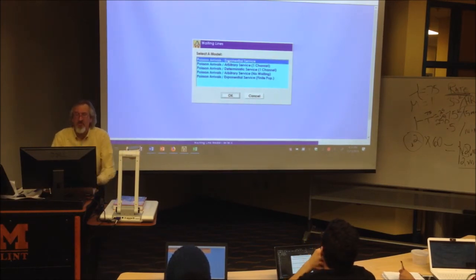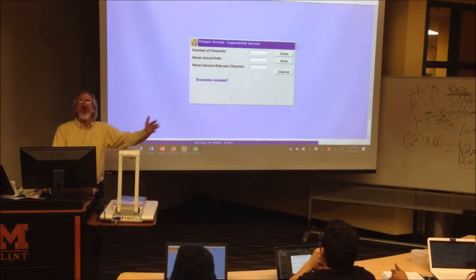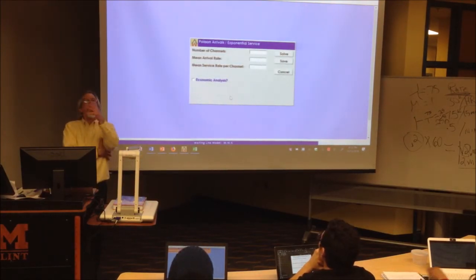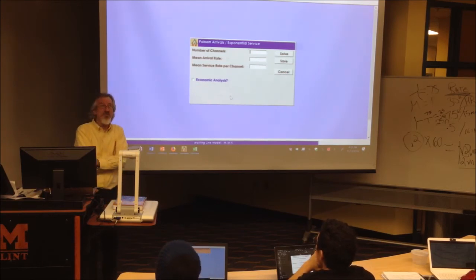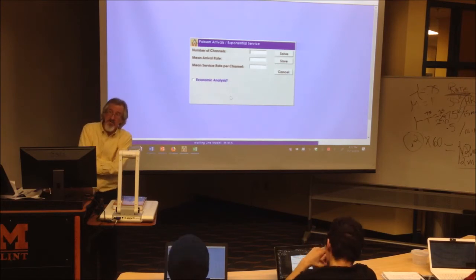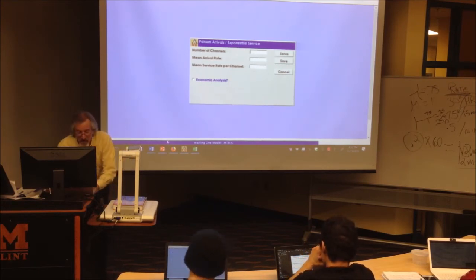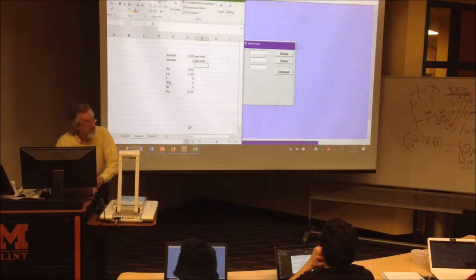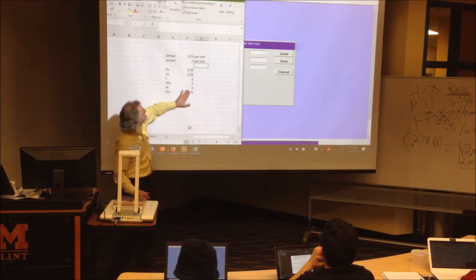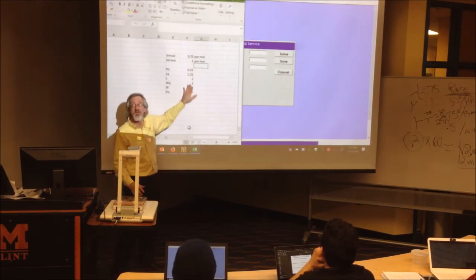So let's say we're doing this one, the 0.75 and the 1, but we're not doing the problem we just did. You just decided that we're throwing money away by not having enough service stations, so you decided to add an employee. You're going to add another employee to see what effect it has, especially on these probabilities.